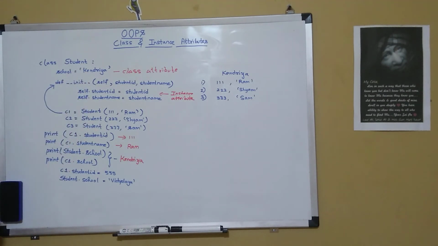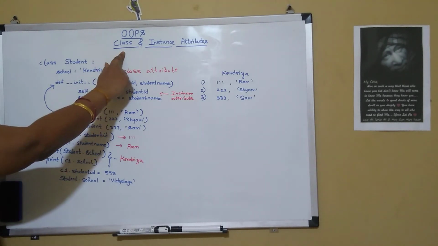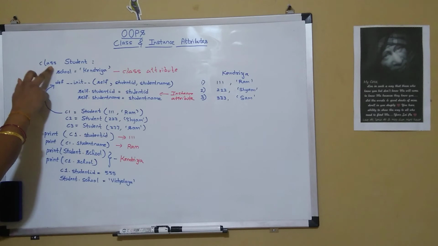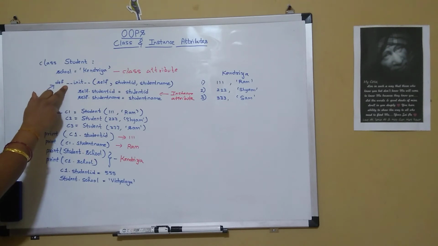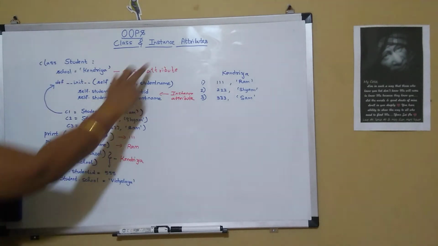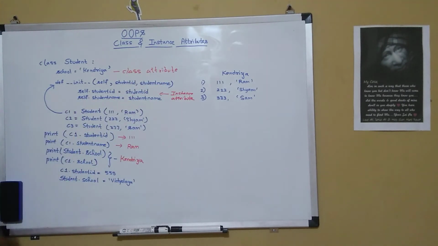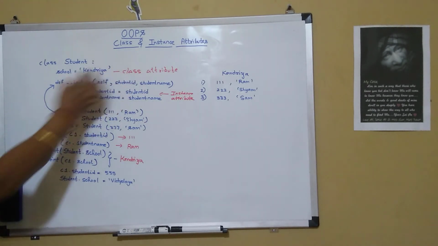So I hope, friends, it is clear to you, the class attributes and the instance attributes. Class attributes are defined within the class but outside the init method, whereas instance attributes are defined within the init method. So when do we go in for class attributes?